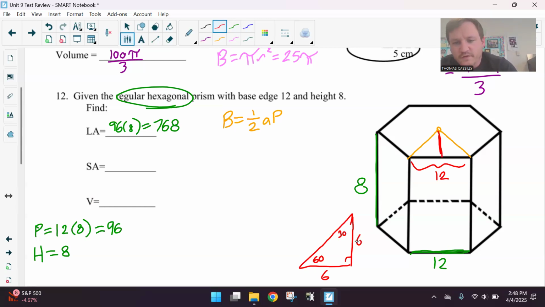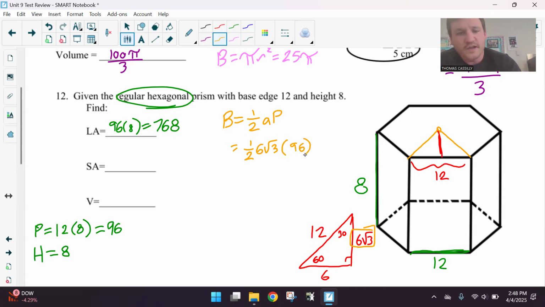This is going to be 6 square root of 3, and this is going to be a 12. Now, the apothem, the one I want, is the 6 square root of 3. We already have the perimeter. We found that earlier. So we know the base is equal to 1/2 times 6 square root of 3 times the perimeter, which was 96.